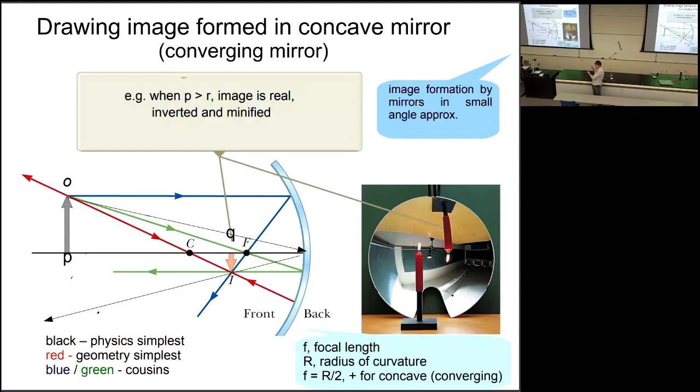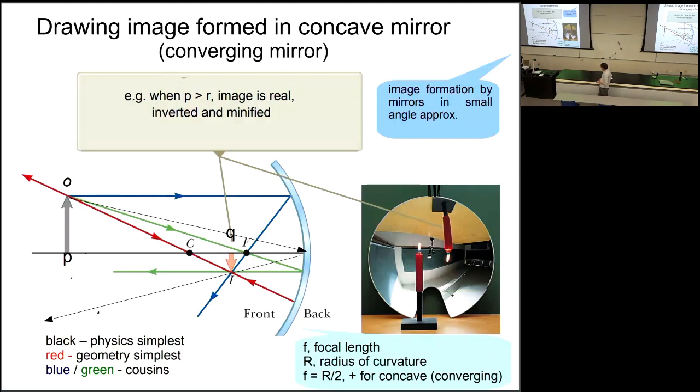And the spoke on the wheel, like this radius here, strikes the wheel or strikes the mirror perpendicular to the mirror. So 0 degrees incident angle, so 0 degrees reflected angle, the light will be reflected back through the radius of curvature along the path it came from. So that's a simple ray that you can draw and construct using the radius of curvature.